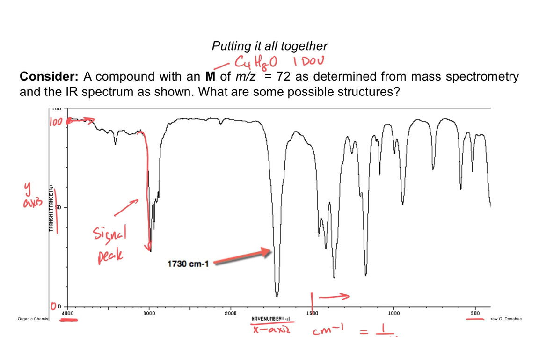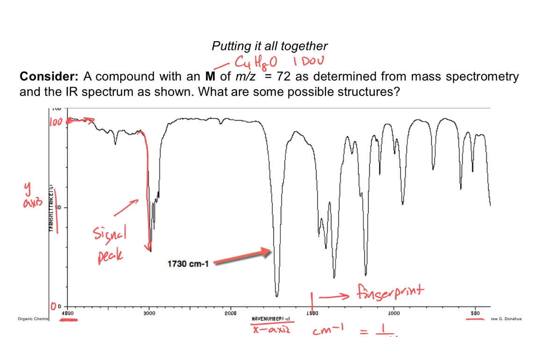And that gets really complicated to interpret, so we just ignore it for the most part. It's generally called the fingerprint region. So like your fingerprint, it's pretty specific, and we just ignore it because, as I'll explain later, the stuff that happens there is a little bit beyond the scope of this course.